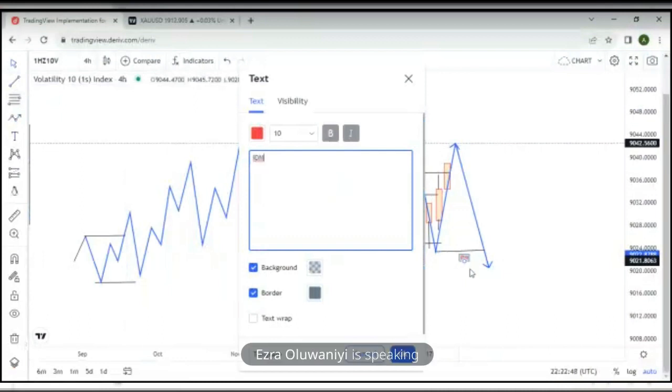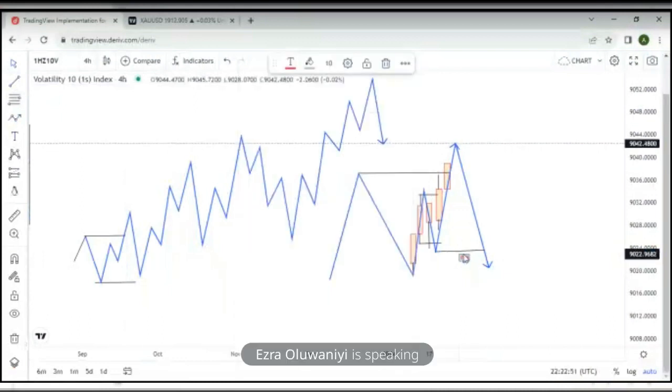Price is trying to induce buyers, to push them to make a mistake by buying from this zone. Most persons want to buy because this is a liquidity grab, but this was the first pullback and basically the only pullback before structure breaks.